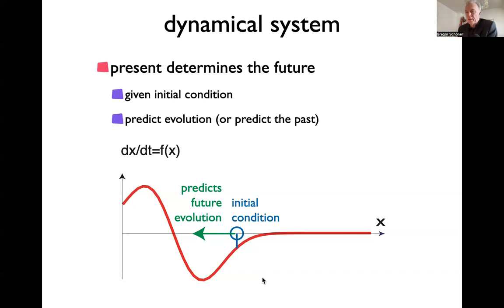Some of you might know this concept in stochastics. When you look at stochastic systems, they're not deterministic, so you cannot uniquely predict the future, but you can predict future probabilities. And then there's this analysis question, what do you need to know to make a prediction? Do you need to know the entire history of that system?